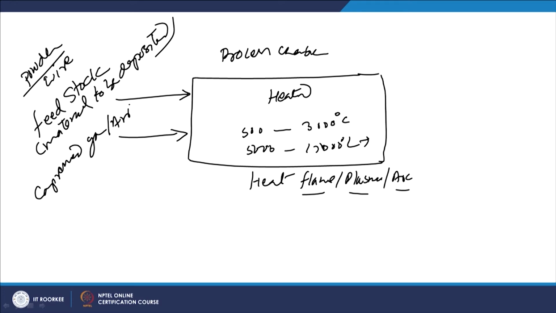takes place in the heating chamber where the feedstock material will be heated, and under the effect of this heat the feedstock will be subjected to either complete melting or only partial melting of the feedstock.